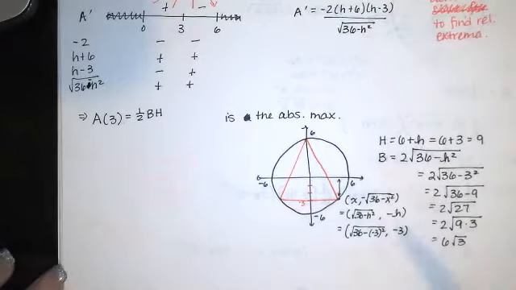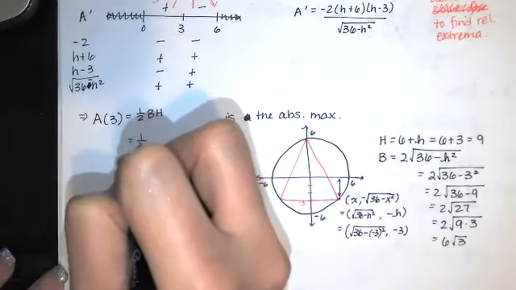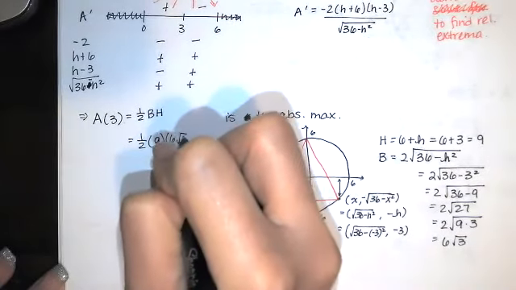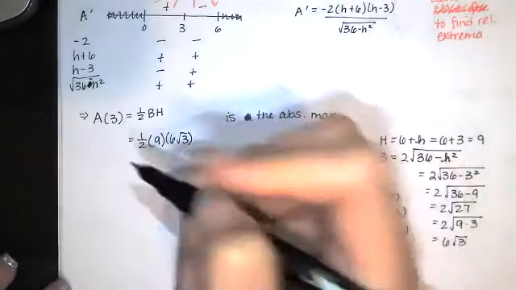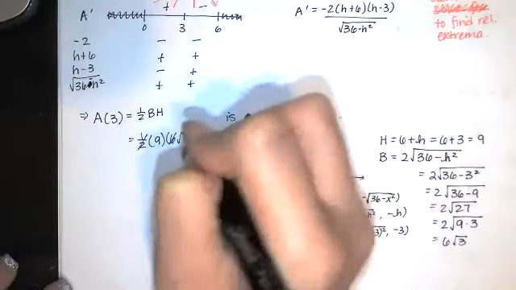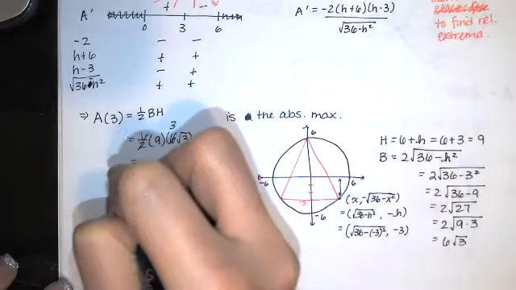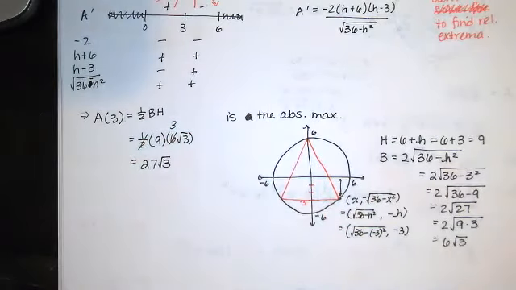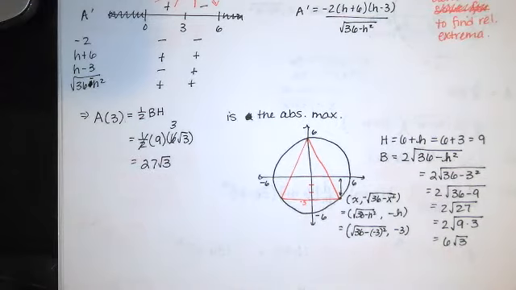So we'll have 1/2 of 9 times 6 root 3. And 1/2 goes into 6 3 times, so we get 27 root 3. That's the absolute maximum of the area of that triangle that can be inscribed in that circle.